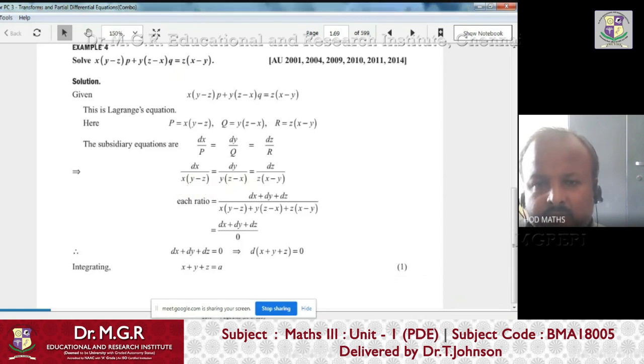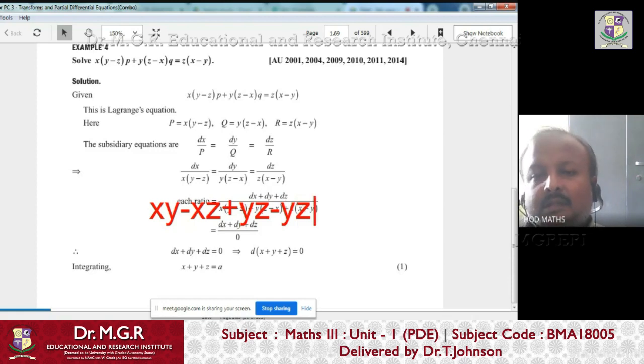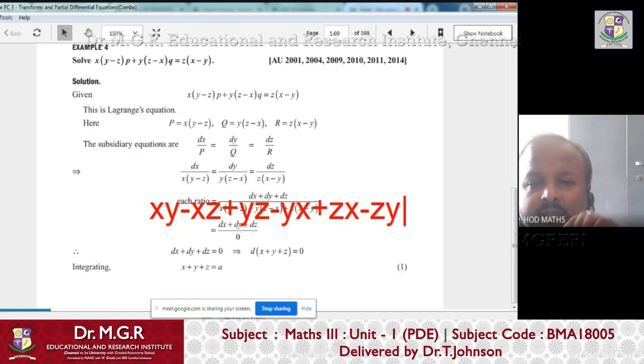The first term's numerator gives xy minus xz from the denominator. If you add the second term, yz minus yx, and the third term, plus zx minus zy, then if you add all the numerators, fortunately you can cancel out everything.